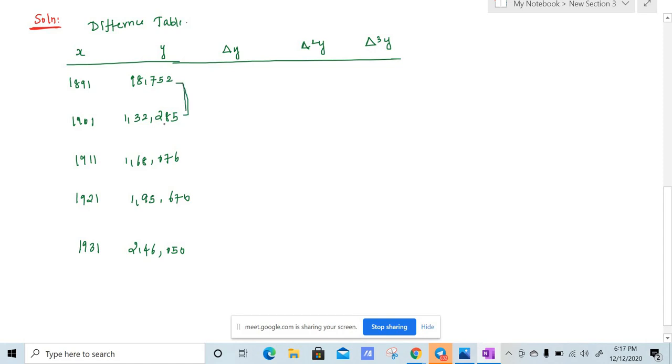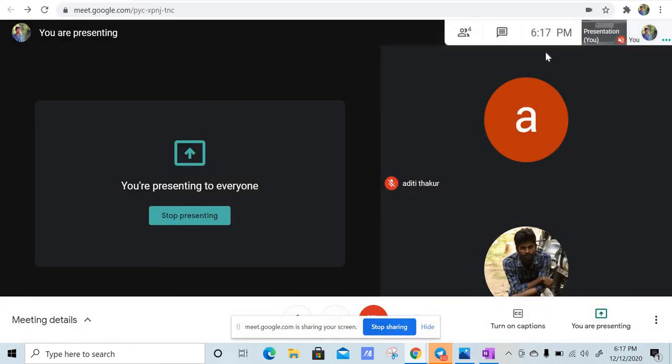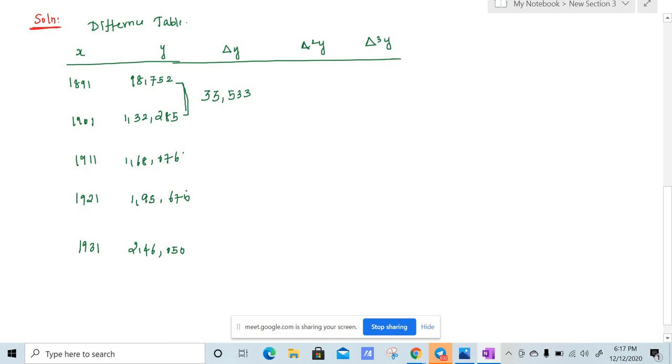Now you just take a calculator, and subtract this term and this term, right? That is 1,32,285 minus 98,752. So you just subtract these two terms. So you will have 33,533. You just write in the middle of this 33,533. Now again you subtract this term and this term: 1,68,076 minus 1,32,285.